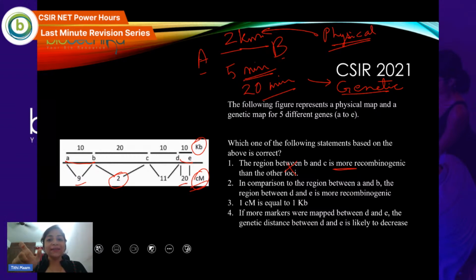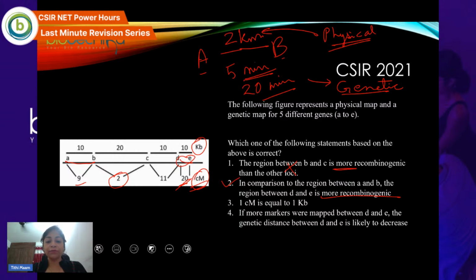So it is the same distance, but in one case you take 5 minutes to travel, whereas in the other you take 20 minutes to travel. So since the recombination frequency of DE is high, DE is more recombinogenic. So statement number 2 is correct.